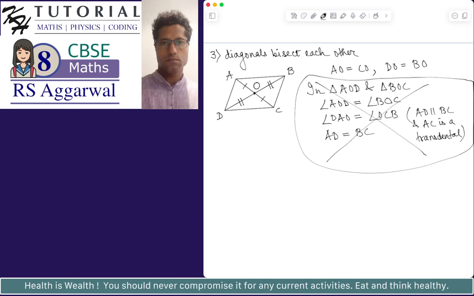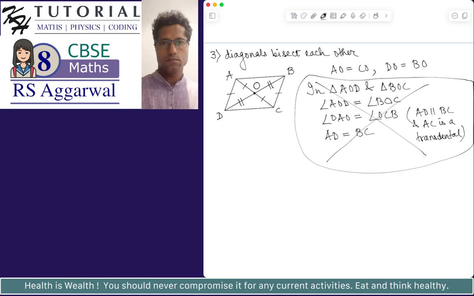Without using the fact that the opposite pair of sides are equal, it will be, I think, a little complicated and lengthy proof. But if we know that in a parallelogram the opposite pair of sides are equal, that is, we know that AD is equal to BC, if we can assume this, then it will be very easy to prove that triangles AOD and BOC are congruent, and from there we will immediately get the result that AO will be equal to OC and DO will be equal to OB.